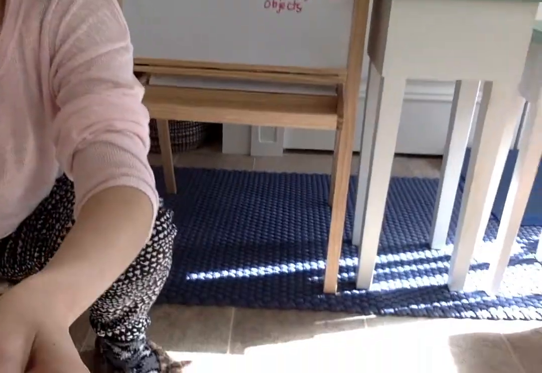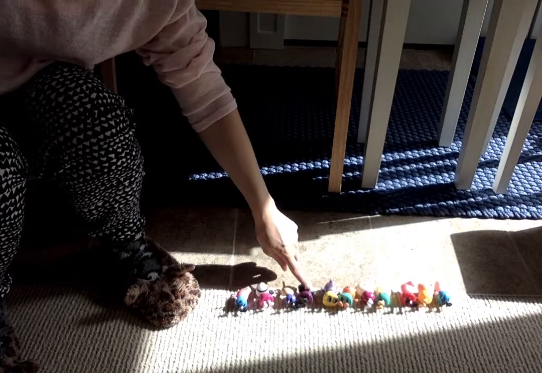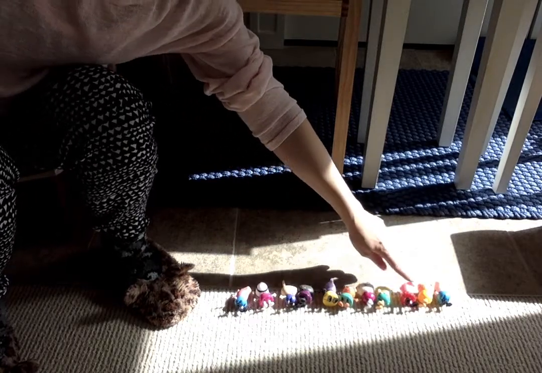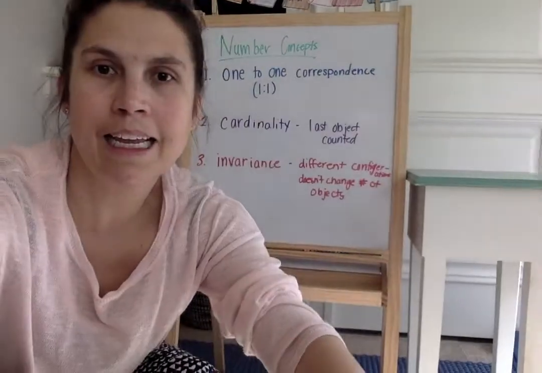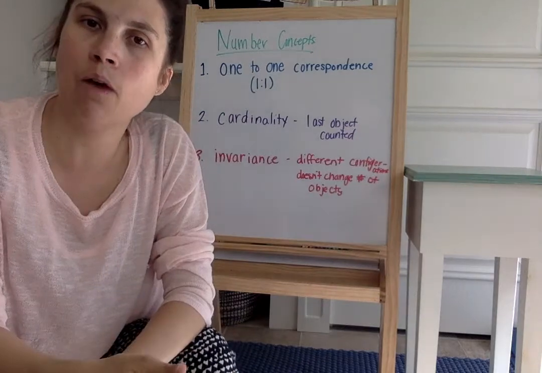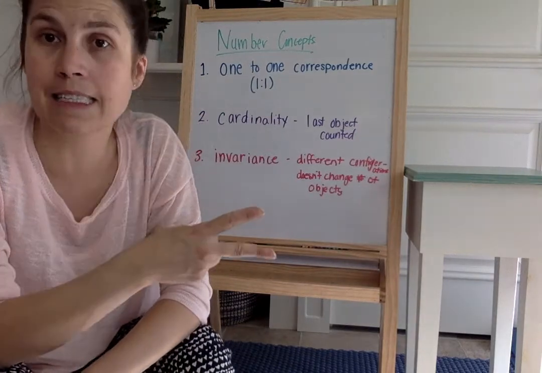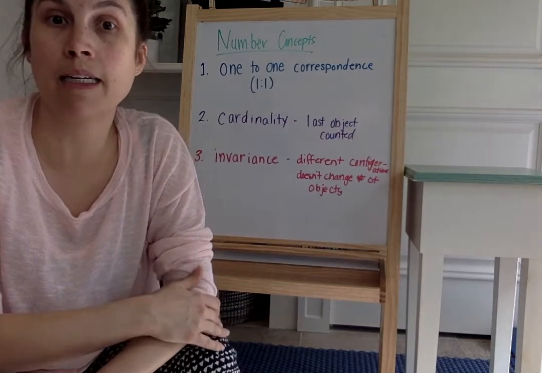So, again, they're going to start with their one-to-one correspondence: 1, 2, 3, 4, 5, 6, 7, 8, 9, 10, 11. And then when you say how many, they're going to say 11, and they're not going to have to recount. So cardinality is the second concept once they get the one-to-one correspondence.